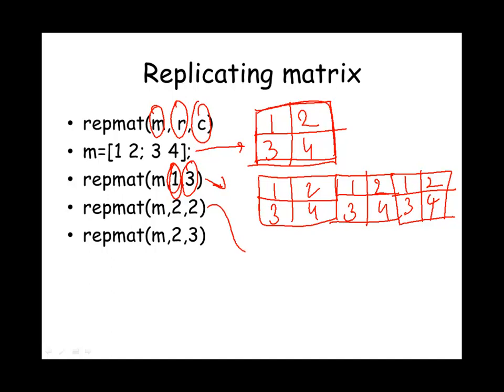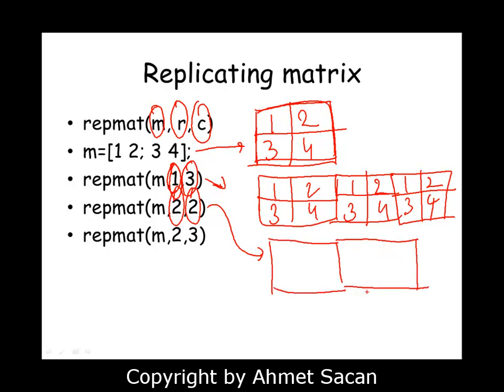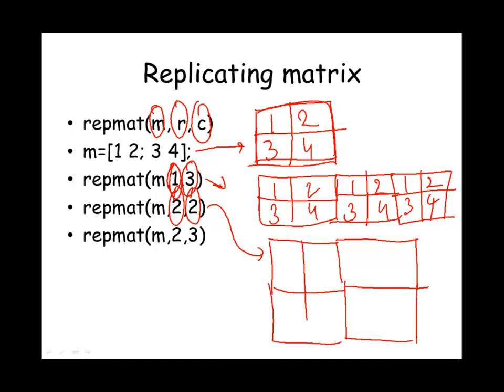In the second example, we are replicating twice in the rows and twice in the columns. So as a result, we will have our matrix replicated twice in the rows and twice in the columns. And all of these submatrices will be identical to each other. And as a result, we will get one large matrix.